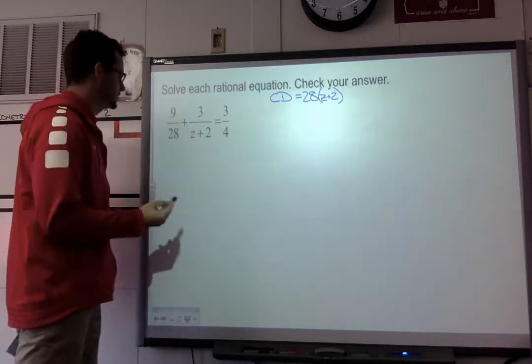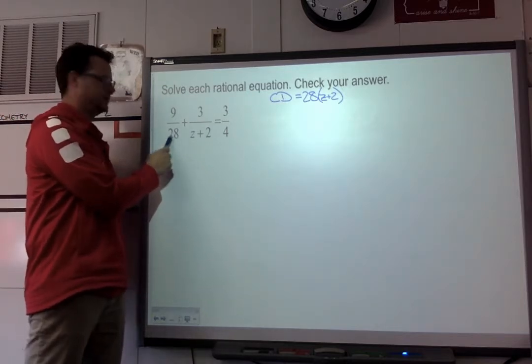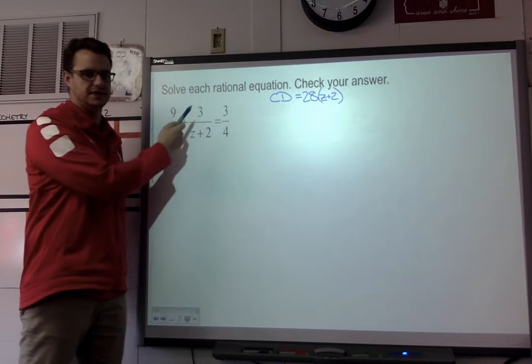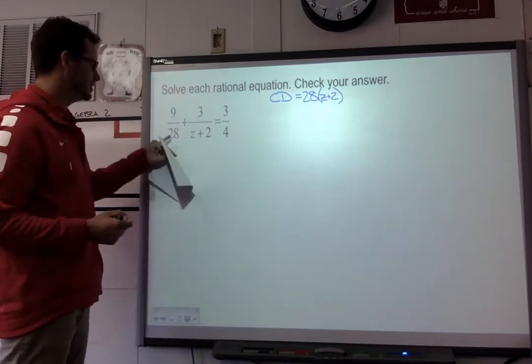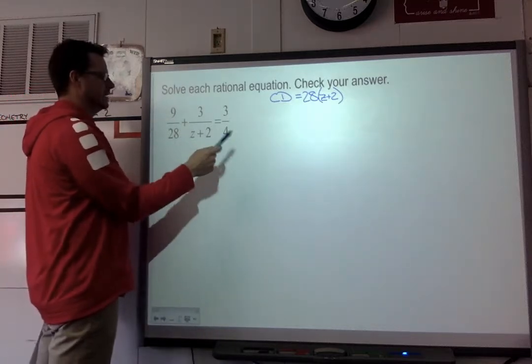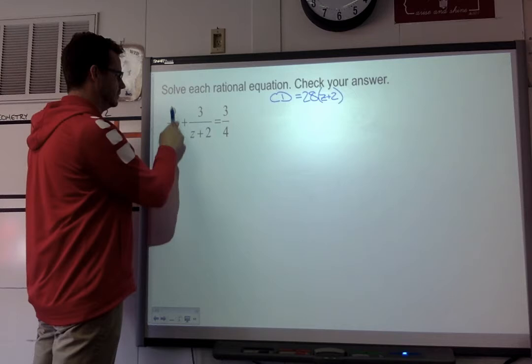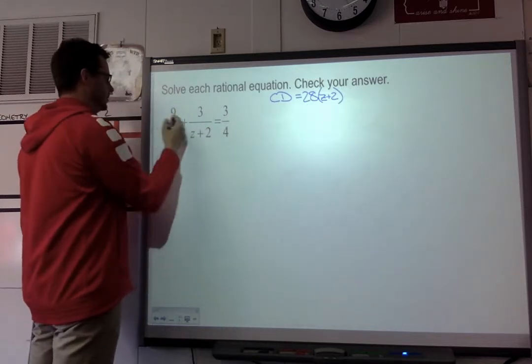Now in the past, to get our common denominator, we would multiply 28 by z plus 2, and that would give us that denominator. But since I'm trying to get rid of our denominator, what I'm actually going to do here is go individually and multiply each term by that common denominator.